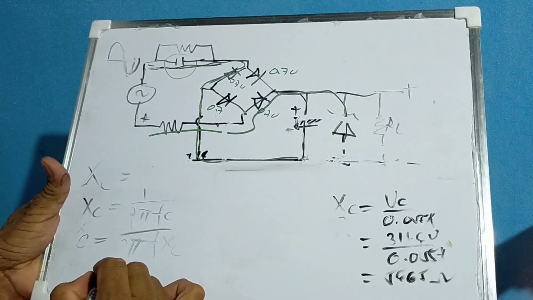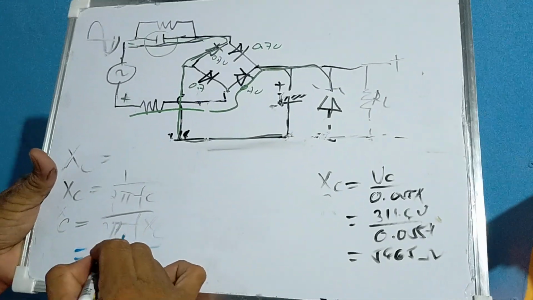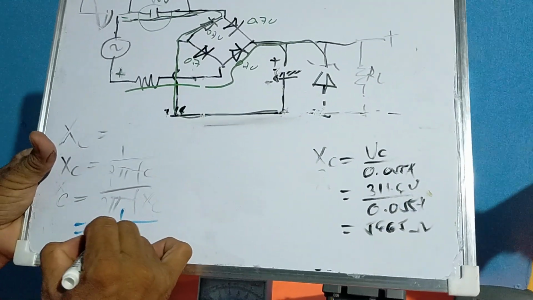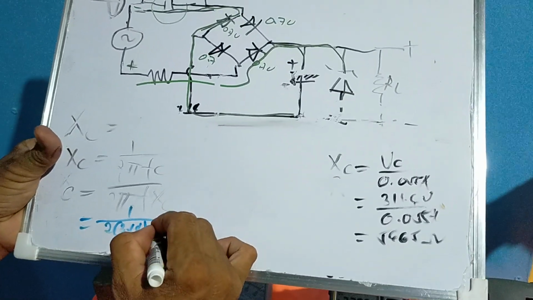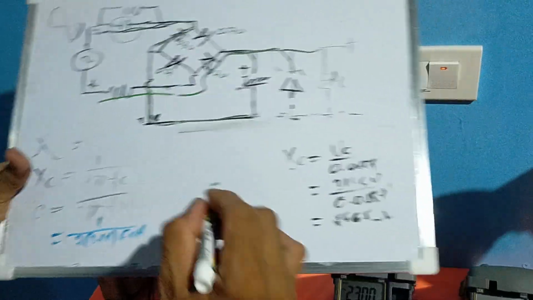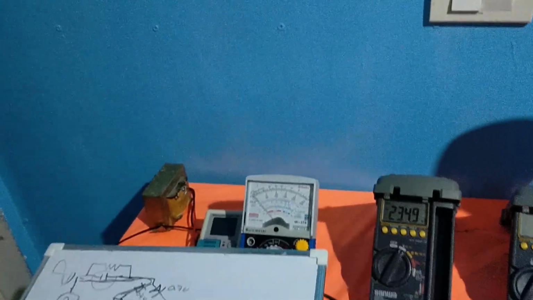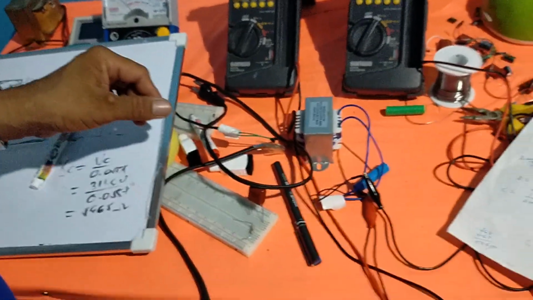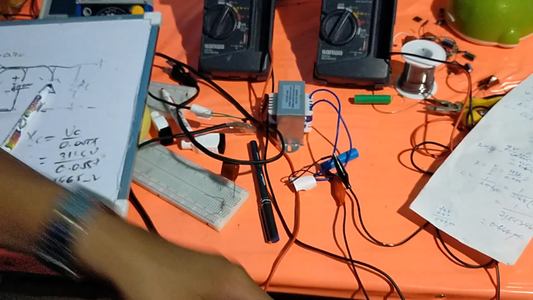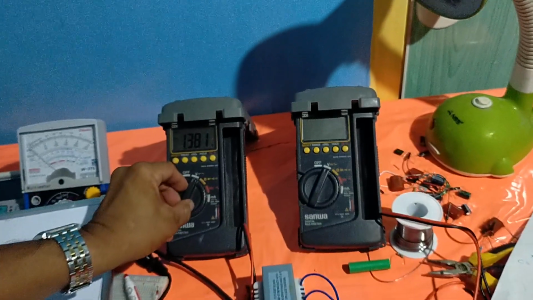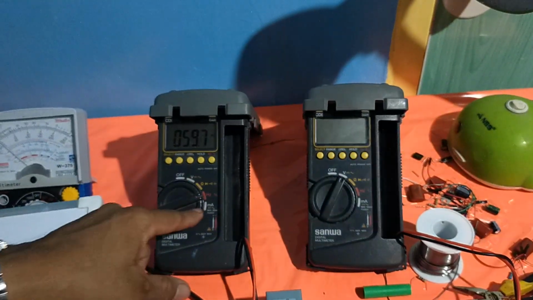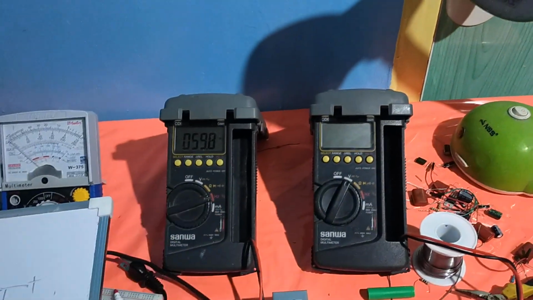So by substitution, we have here 1 over 2 times 3.14 times the frequency. The frequency actually here is 60 Hz. Because if we are going to measure the frequency, let us set this digital multimeter to frequency meter.